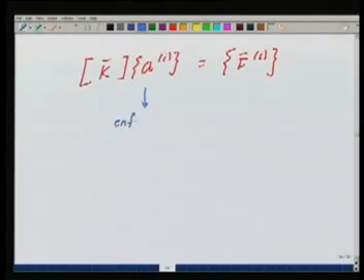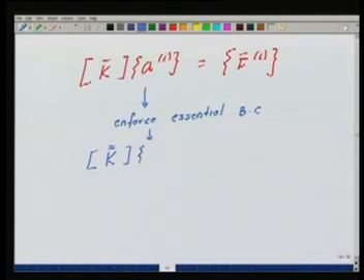So enforce the boundary conditions, I would say enforce essential boundary conditions to get k, sorry, my mistake here, I'll get k double bar ai is equal to f double bar I. Okay, solve.